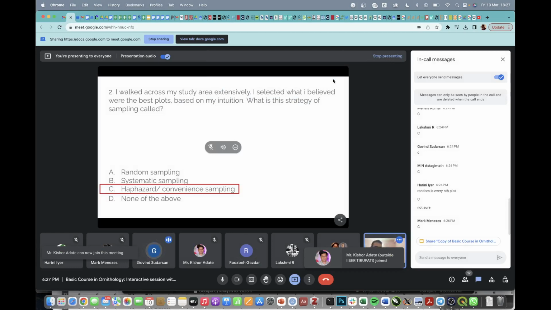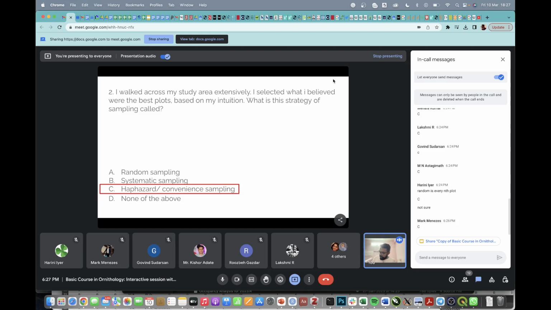Okay. Sir, could you repeat what you said for a second? Yeah. So basically, you can see this, right? This is a piece of land.